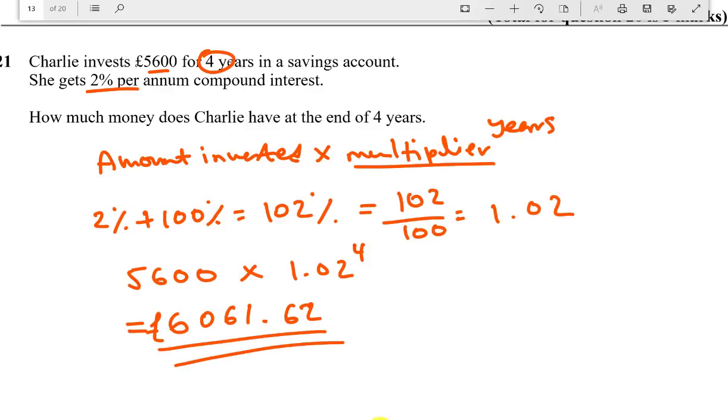So Charlie gets £6,061.62 at the end of 4 years.